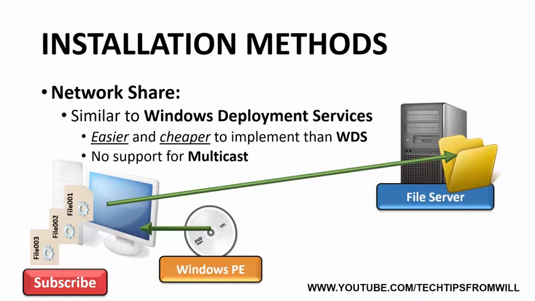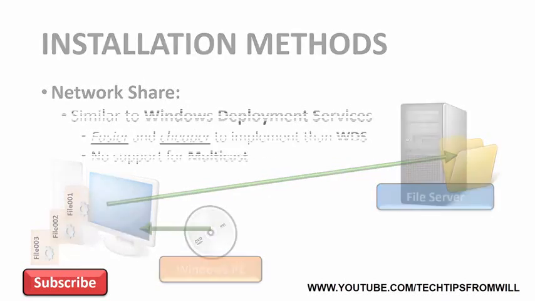Installing Windows 10 onto multiple devices at the same time using a network share will significantly slow down the install time. Without multicast support, computers are unable to gain access to the exact same install files at the same time, causing slow install times. Well, that covers the different methods of installing Windows 10.